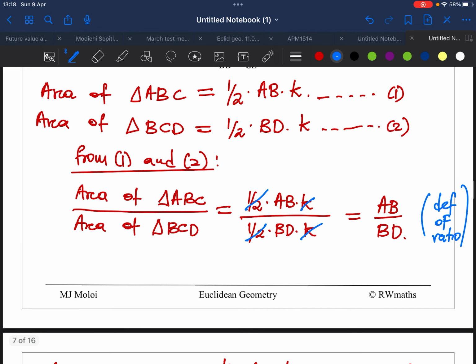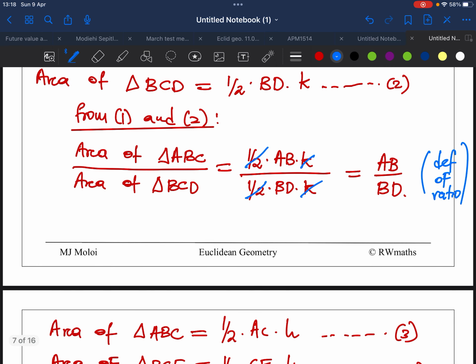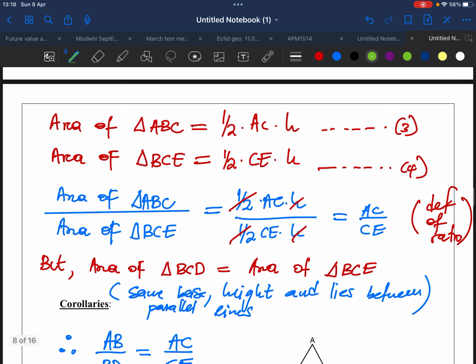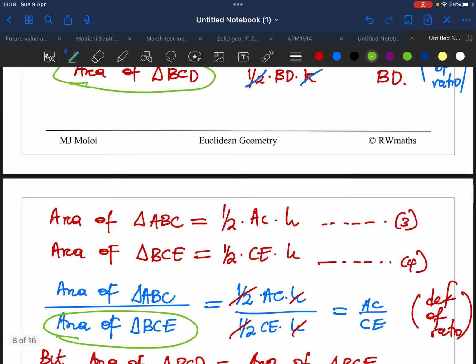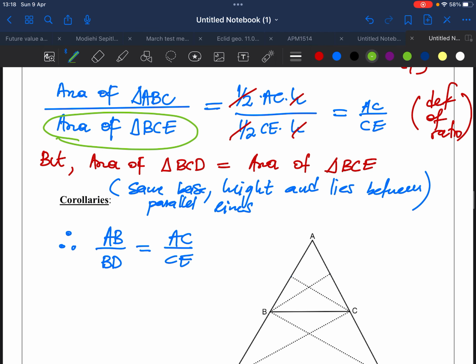Because the area of BCD is equivalent to the area of BCE, so they are equal. If they're equal, and the numerator in both is triangle ABC, then these two ratios are also equal. So AB over BD is equivalent to AC over CE, as required.